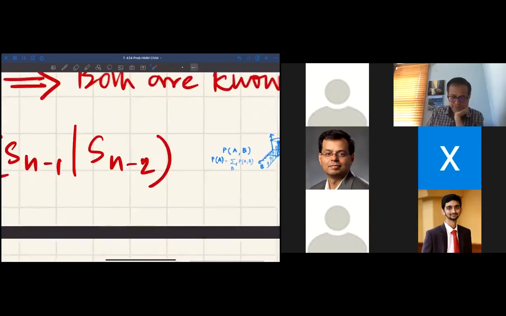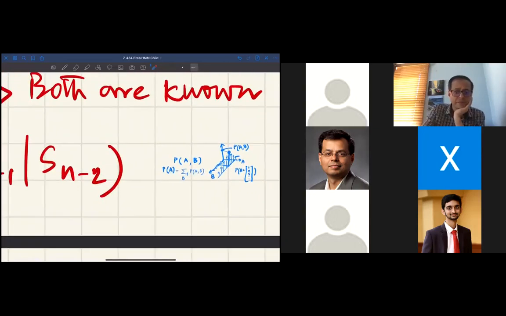Usually when we do marginalization, it's like P(A) from P(A,B), but here we have a given. We have the probability of something given Sn minus 1. How does the given part tie into the marginalization in our example here?